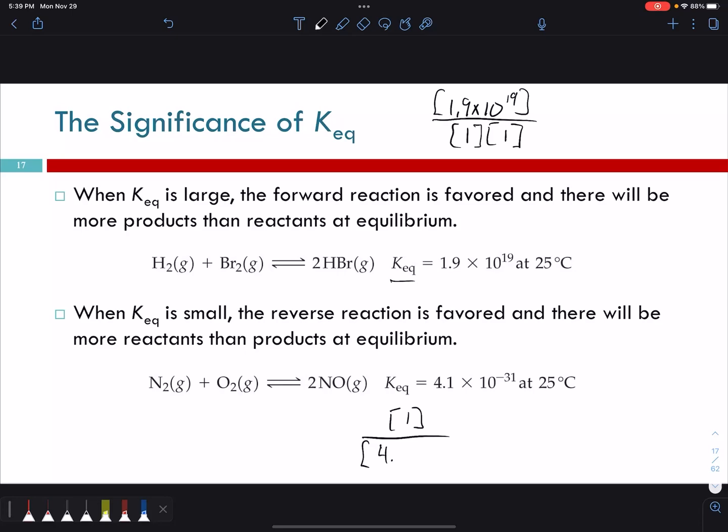But on the bottom, we're going to have the product of these two, so the concentration of N2 times the concentration of O2 is going to equal 4.1 times 10 to the 31, say molar. So there's going to be 10 to the 31 of these, nitrogen and oxygen, but just 1 nitrogen monoxide.